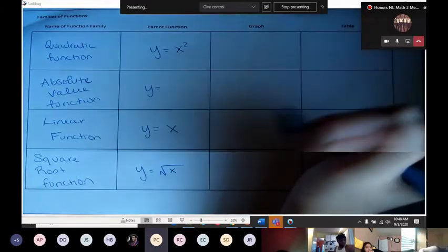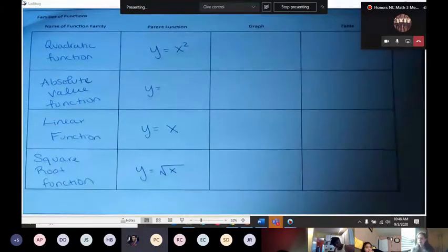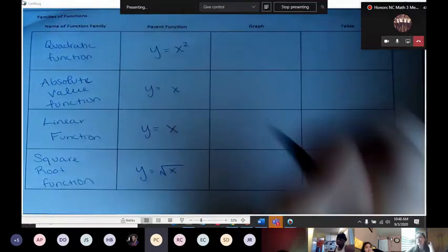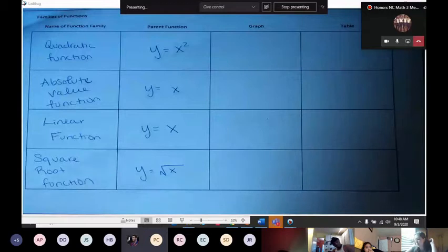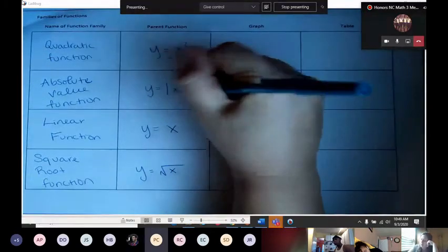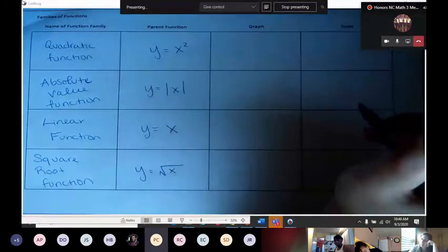Is y equals... There's going to be an x. Yeah, and there's something that goes around the x. Is it parentheses? Not parentheses. They're a little straighter. Yeah, just these straight absolute value lines. Oh yeah. Good job. Thank you, Peyton.